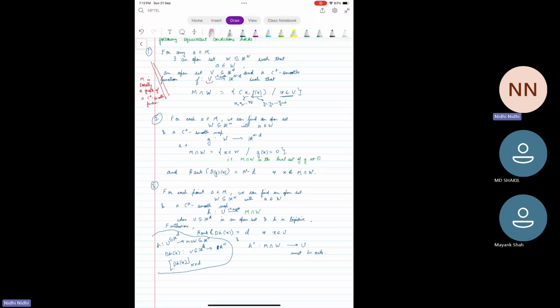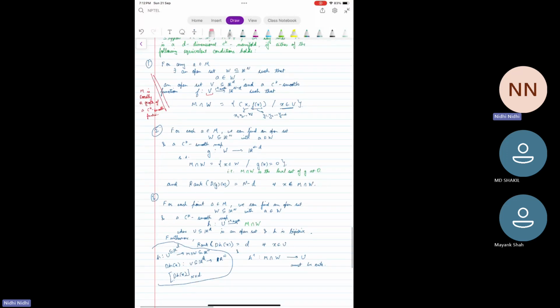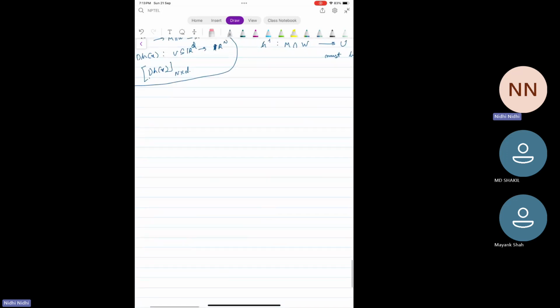The main idea, if you want to visualize it, is that manifolds are very good if you can visualize them. Basically, it's a structure that is locally something like Rn. Suppose this is 3D.